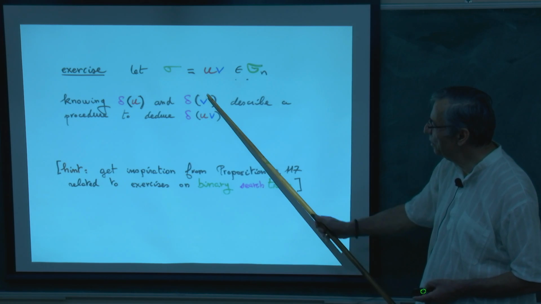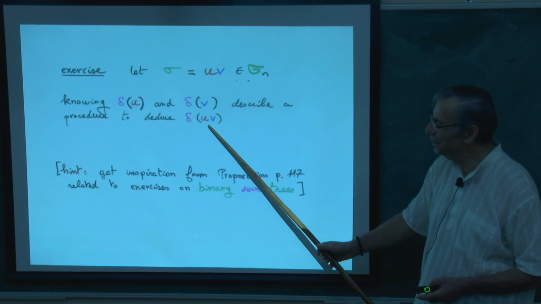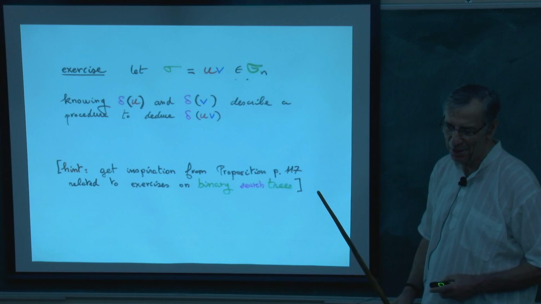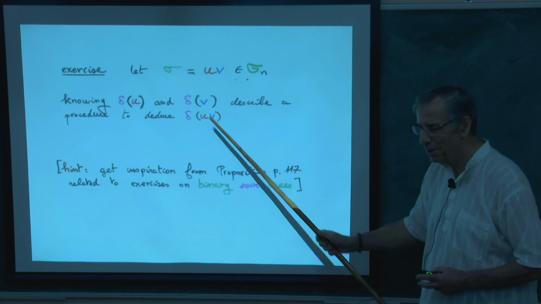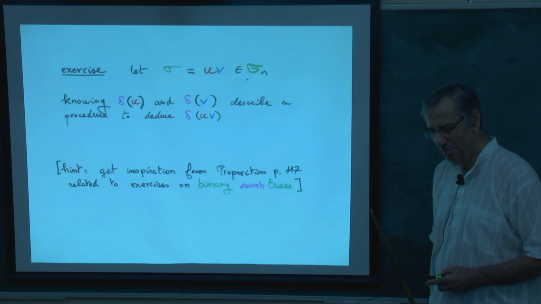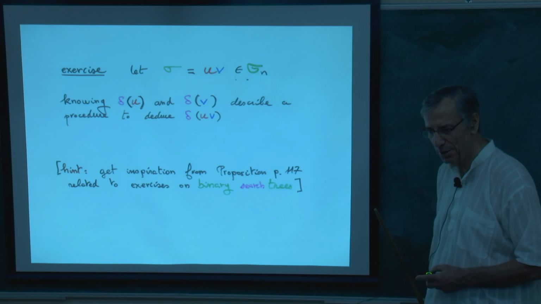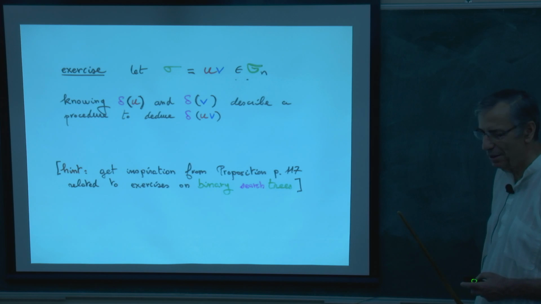Once you know these two trees, don't reconstruct everything, don't take the product. Try to use these two trees and see how they can merge, mix together to get the tree of the product. It's very related to this proposition I am going to give in the sequence of exercises on binary search trees.